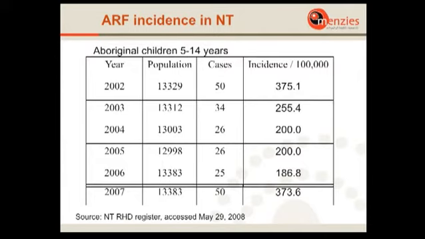But what was really encouraging, if you look at that, is this trend. And the control program staff really started to get quite excited when we got to 2005, 2006, thinking maybe something's working, until we got the 2007 data. So we're not doing a good job at stopping acute rheumatic fever episodes occurring.